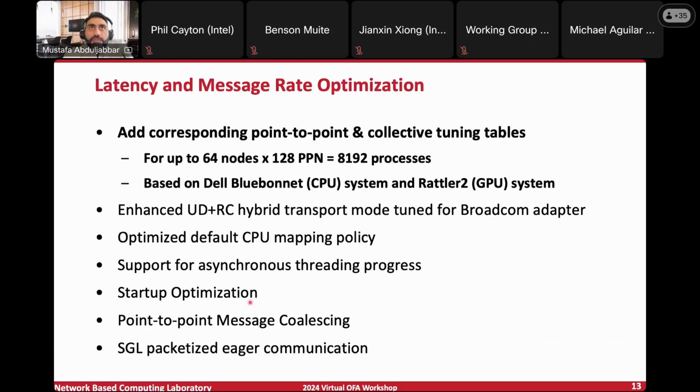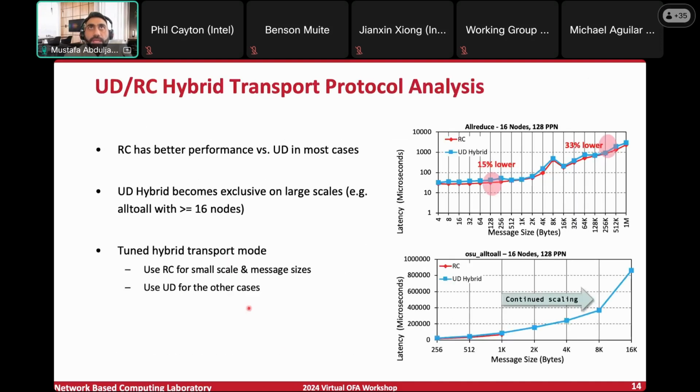We've also enhanced the UD plus RC hybrid transport. As I mentioned, it has the benefits of both worlds of UD and RC. To start off, we have optimized the switching point between RC and UD, but in general, RC exhibits better performance than UD in most cases.